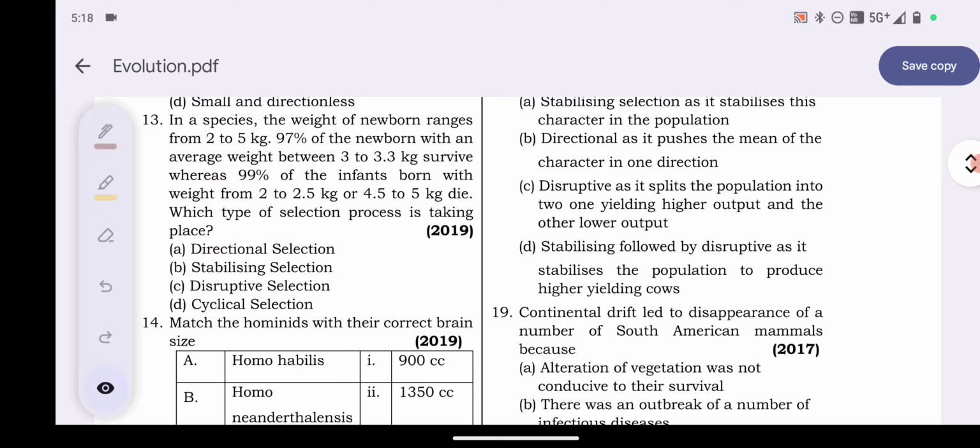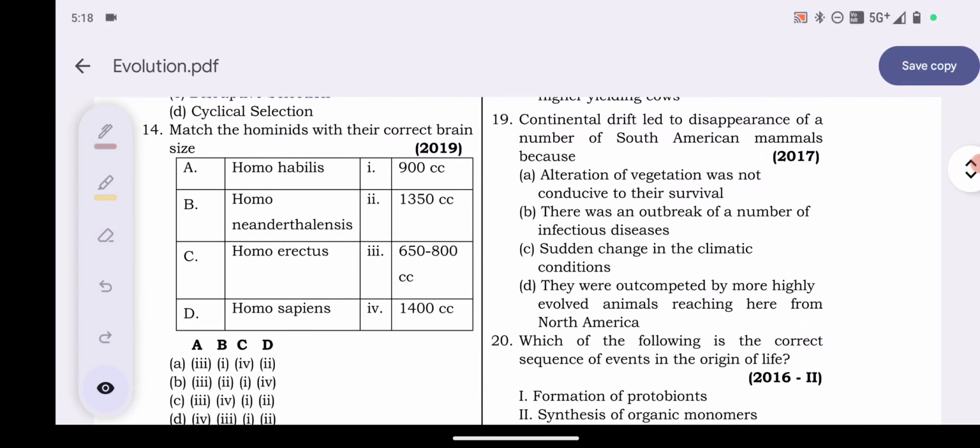क्वेश्चन नंबर 14. मैचिंग दिया गया, देखो, होमो हैबिलिस, होमो निएंडरथालिनस, होमो इरेक्टस, होमो सापियंस, और यहां पर उनकी ब्रेन कैपेसिटी के बारे में दिया गया है, ब्रेन साइज. ओके, सो लिसन. होमो हैबिलिस, इट कनेक्टेड टू ऑप्शन नंबर 3, 650 to 800 cc.